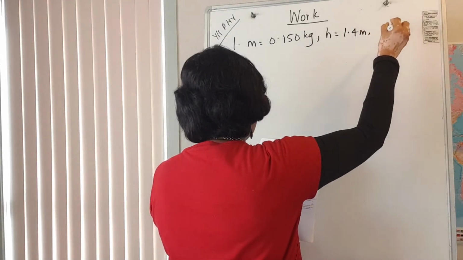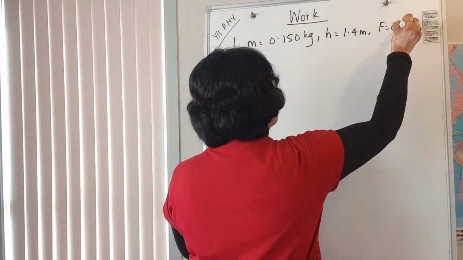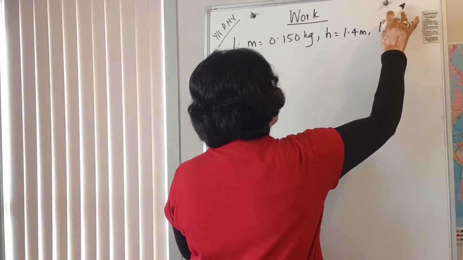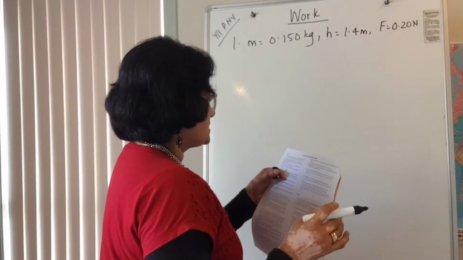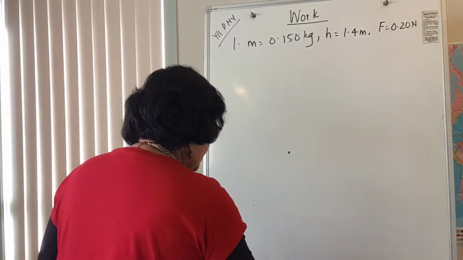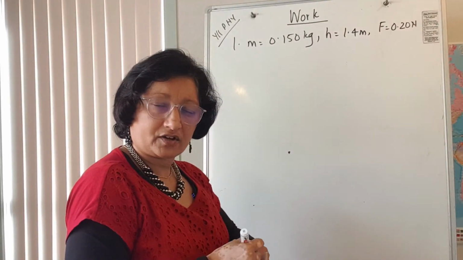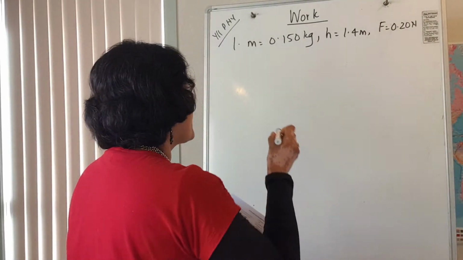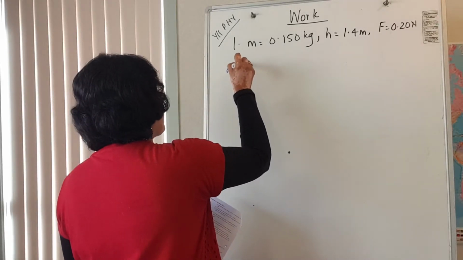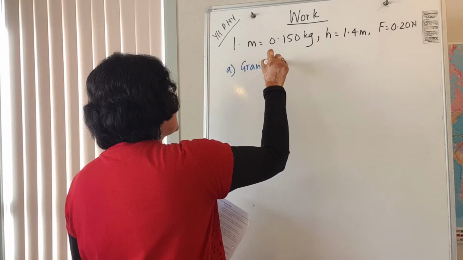Then it says friction with the air causes a force of 0.20 newtons. So what energy changes take place as the apple falls?